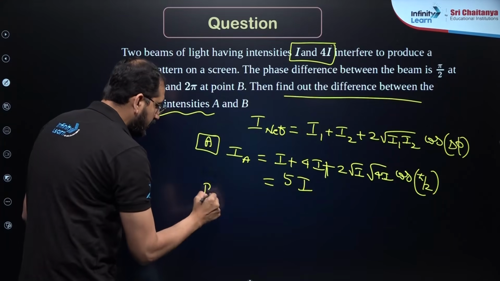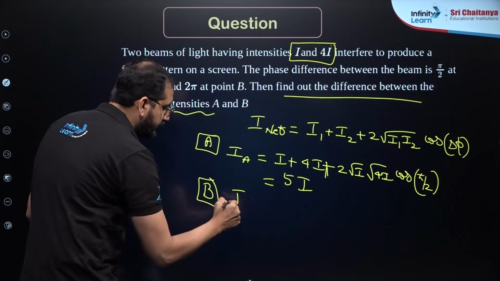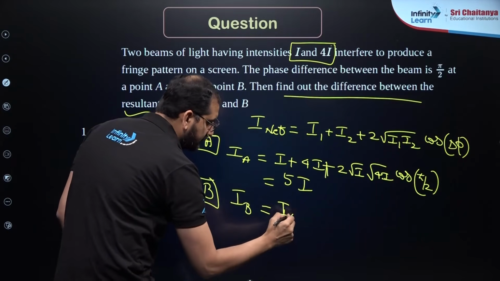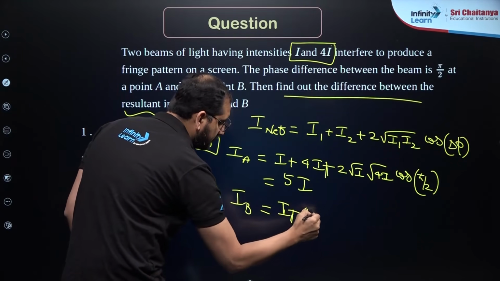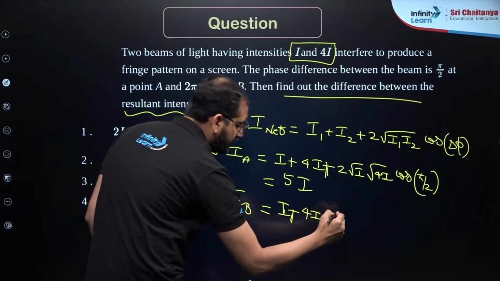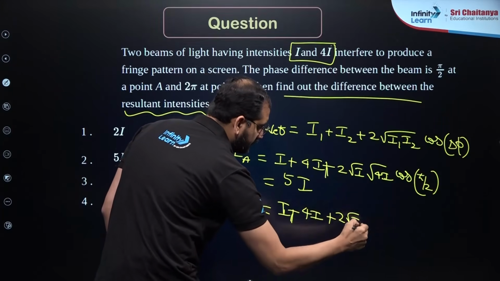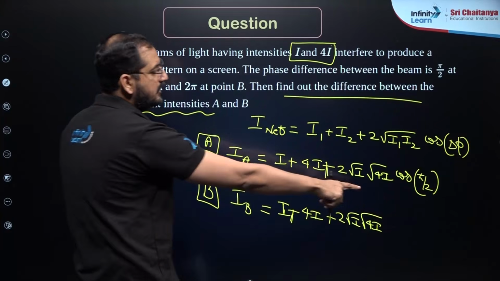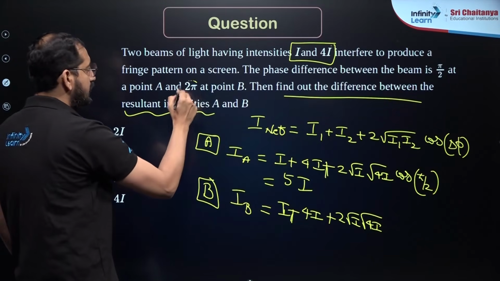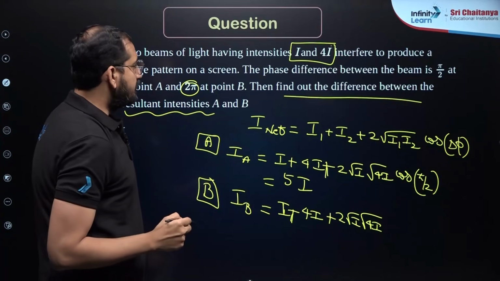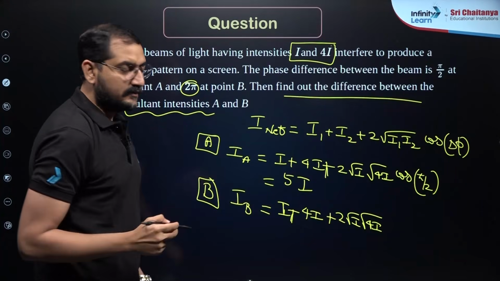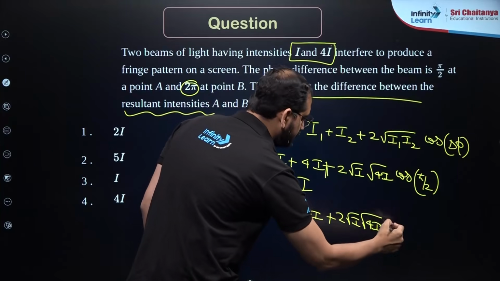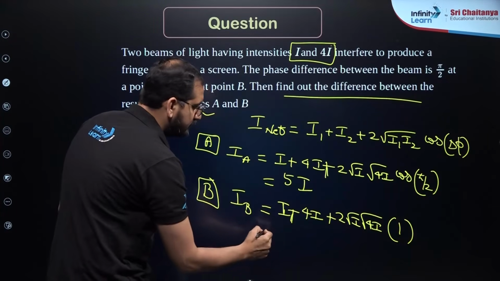Similarly, let us try to calculate for point B. So intensity at point B can be written as I plus 4I plus 2 times root I, again root 4I, and here we need to put the phase angle as 2 pi. So the value of cos 2 pi will come out to be equal to 1.